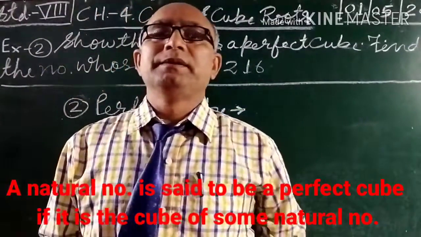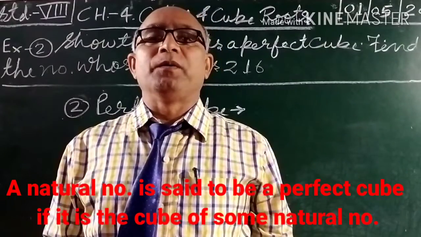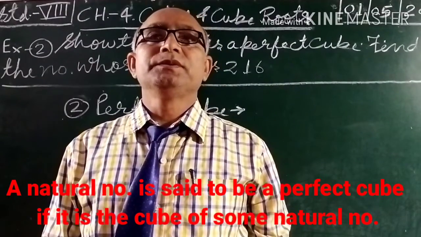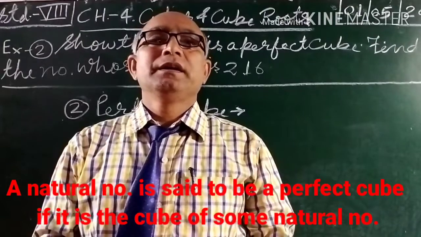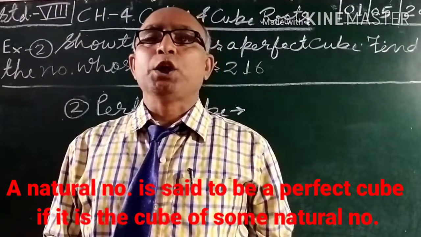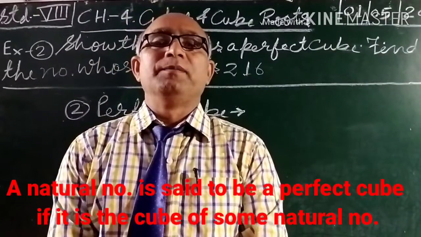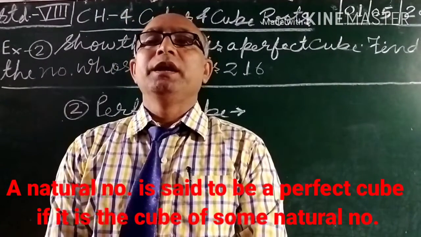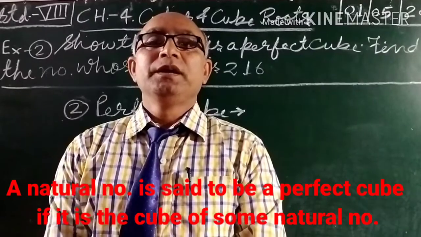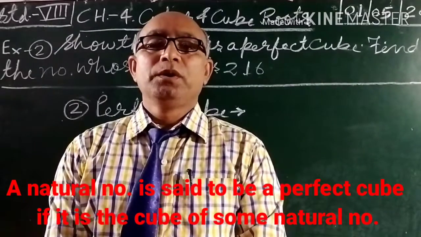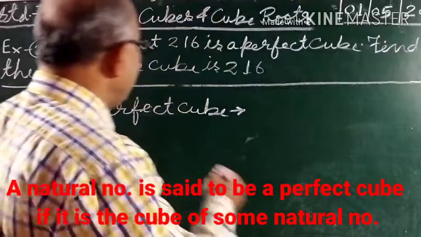A natural number is said to be a perfect cube if it is the cube of some natural number.